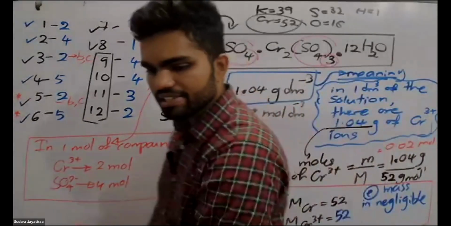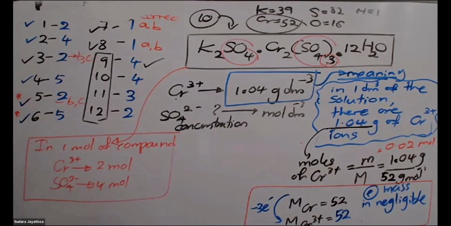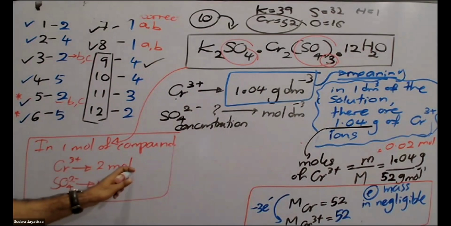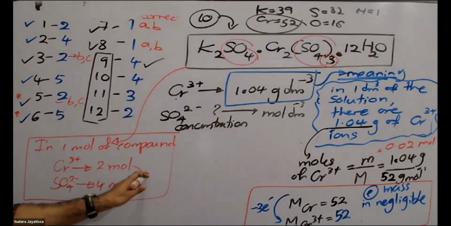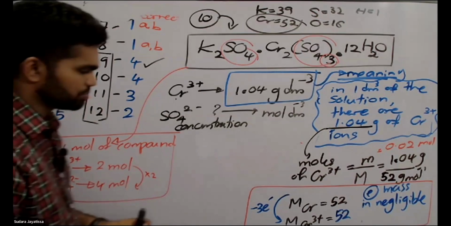This is a similar application to what we did earlier. Is there any problem with this one? So now you can see chromium to sulfate, the ratio is 2:4. So you always have 2 times bigger, right? Then you can get the moles of sulfate in 1 decimeter cube.